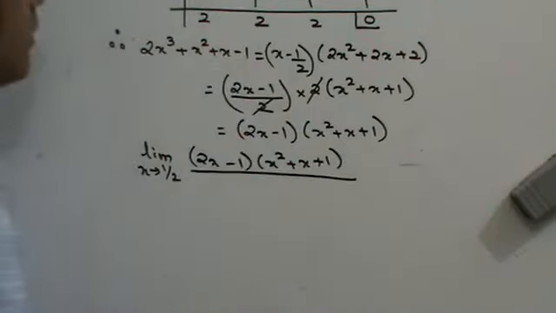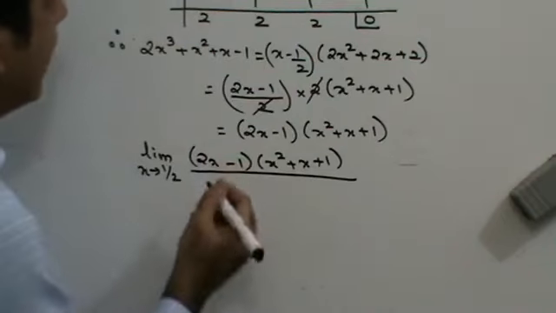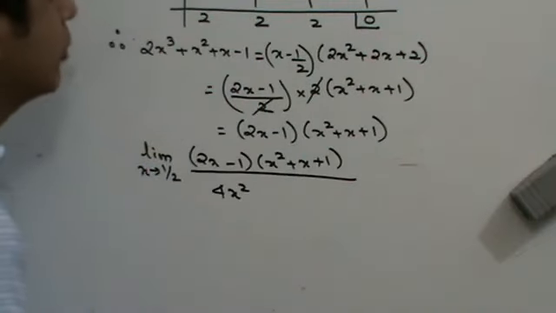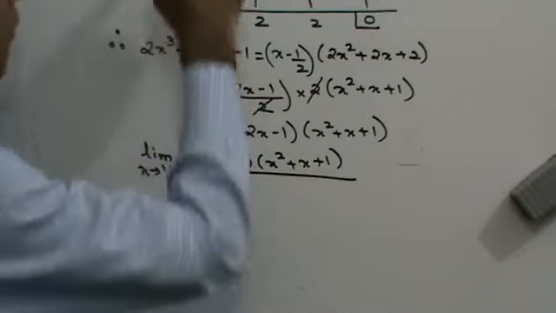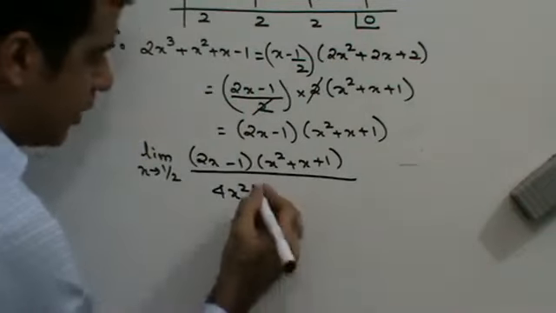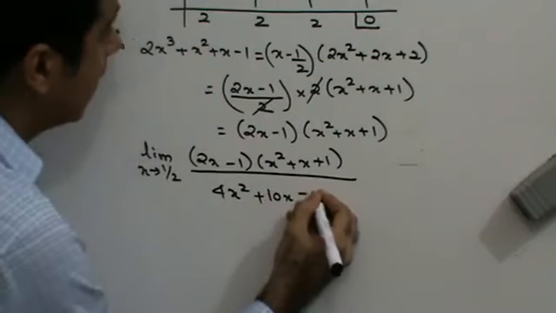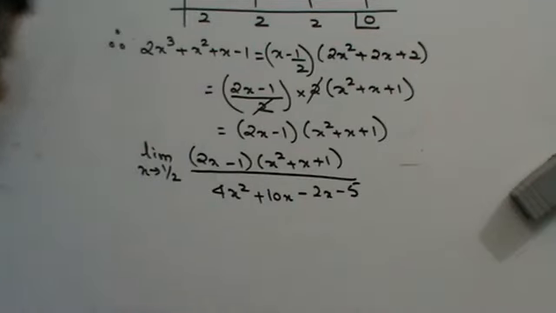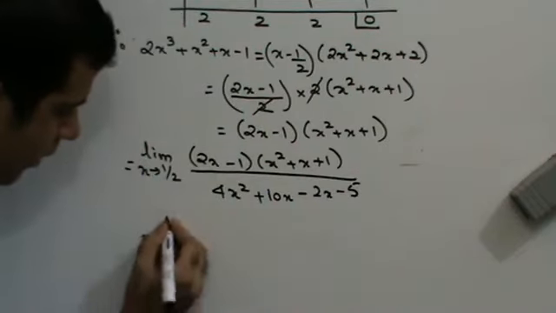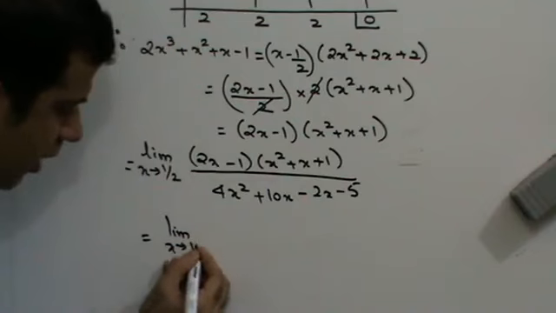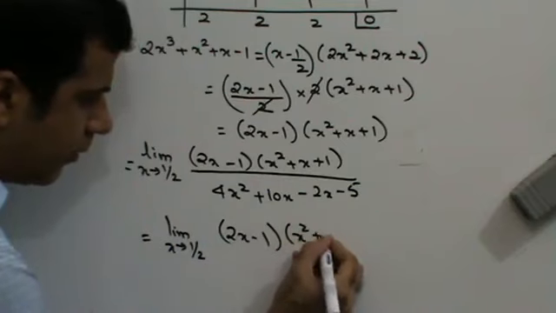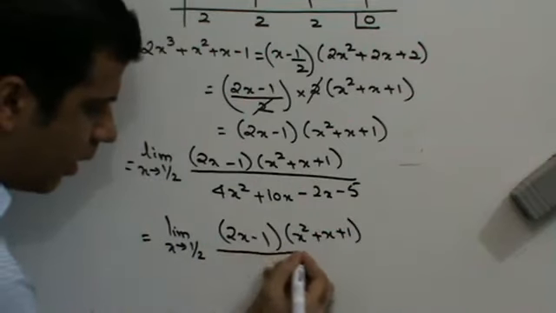In the denominator, now I could factorize this 4x square plus 8x minus 5. 4 5s are 20, and 10 2s are 20, so 4x square plus 10x minus 2x minus 5. Now this can be written as limit of x tends to half, (2x minus 1)(x square plus x plus 1) upon.